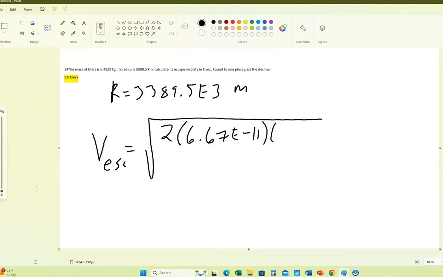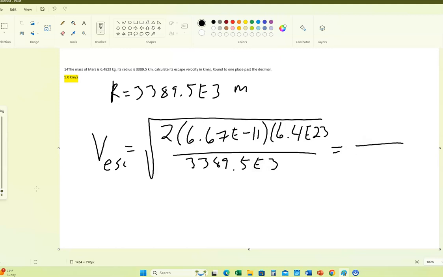Times the mass of Mars here, which is 6.4 times 10 to the 23rd, and then we divide it by the radius in meters, which is 3389.5 times 10 to the third. All right, and the answer that we're going to get is going to be in meters per second, and then we're going to divide that by 1,000 to get it into kilometers per second. All right, so here we go. Let's get the calculator.